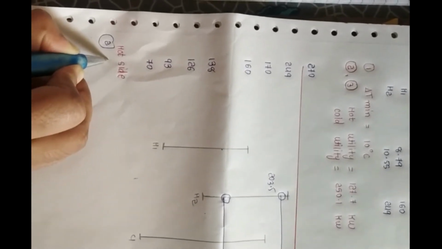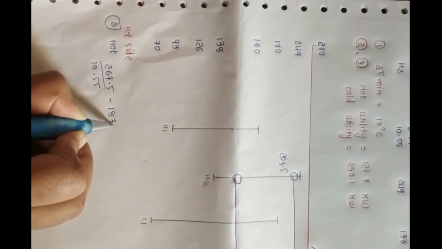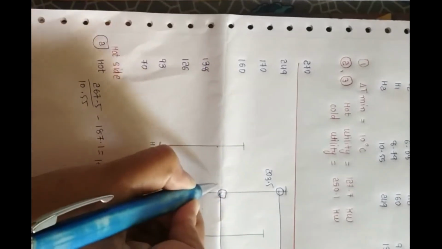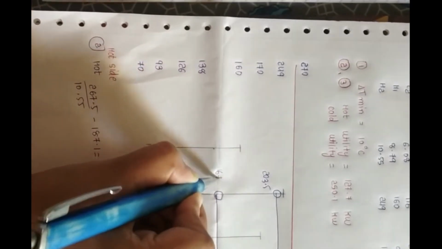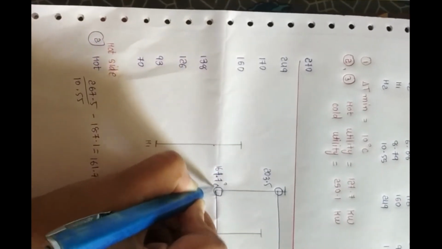For the second step, we'll find out the temperature at the hot side: 267.5 divided by 10.55, minus 187.1. That will give you 161.7. Means here the temperature is 161.7 degrees Celsius. This is the temperature, and this is the heat, right?